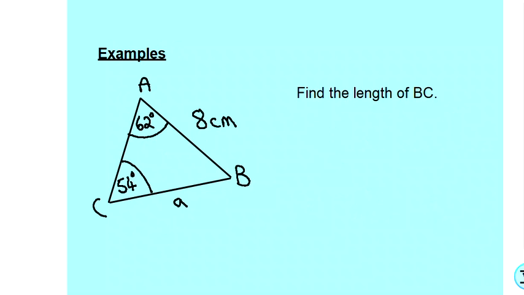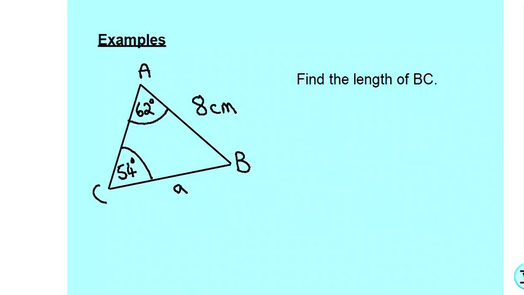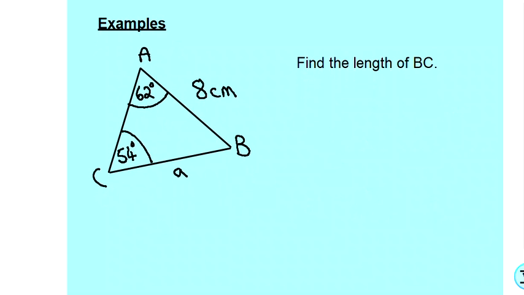Okay, so what we've got in this triangle is I've got two angles and a side, and I'm asking you to find the length of BC. Well, there is BC, and because it's across from angle A, I've called it small a. So first things first, I would quite simply state the sine rule for this one.